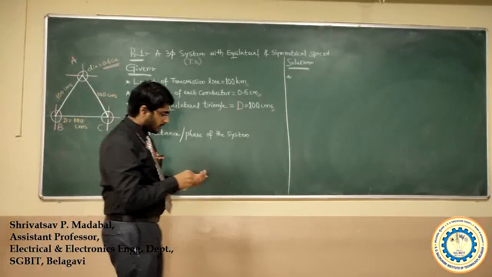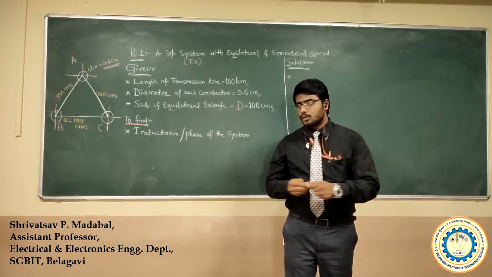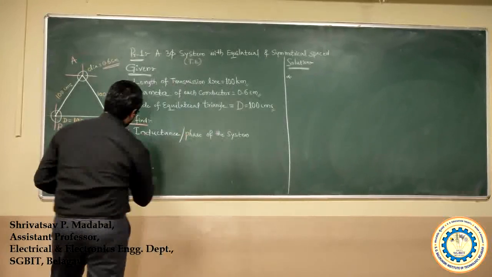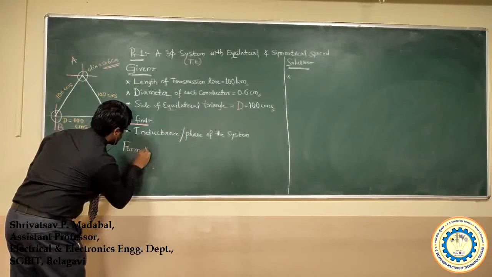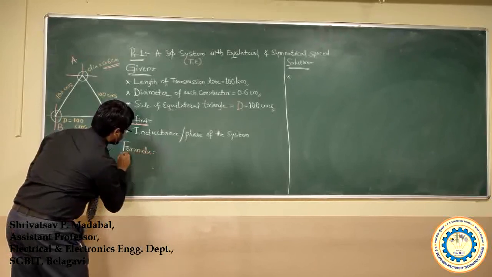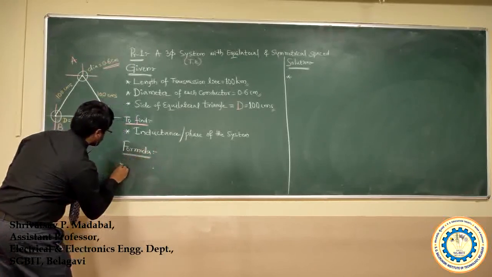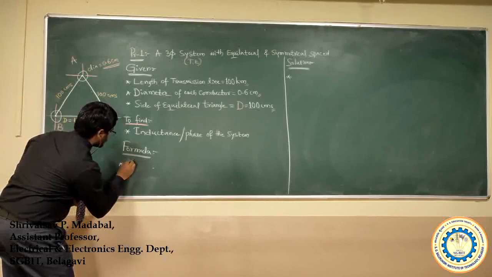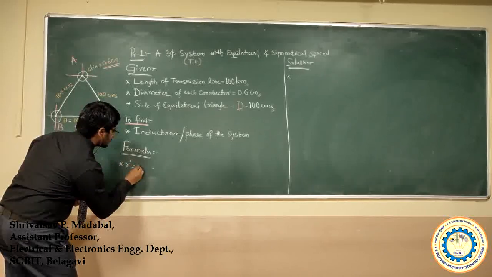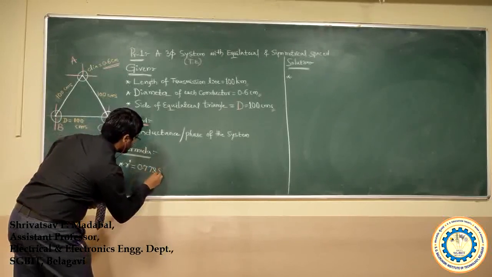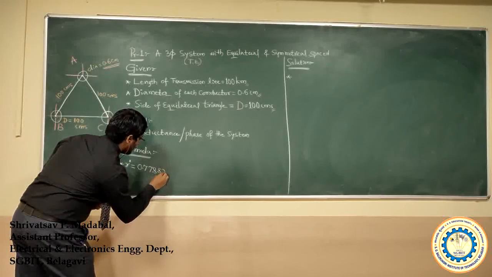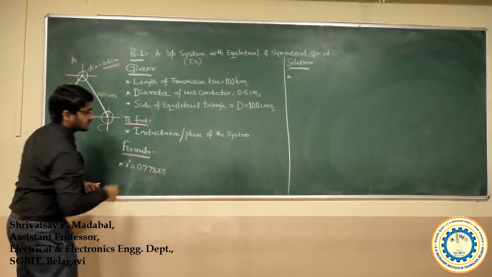So keeping this in mind, what is the formula to be used here? Let me put it in the form of formulas. The first one: I have to find the R dash value, which is given by 0.7788, a constant value that should be multiplied by R, the radius of the conductor.